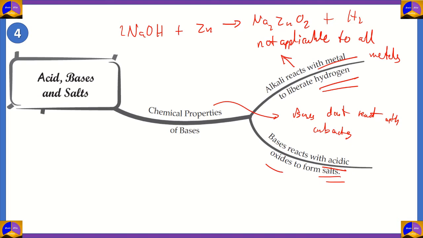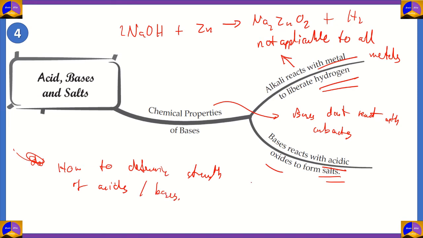Now, some of these acids and bases that we've just used to react are extremely strong, while others are quite weak. So how do we determine the strength of acids or bases?